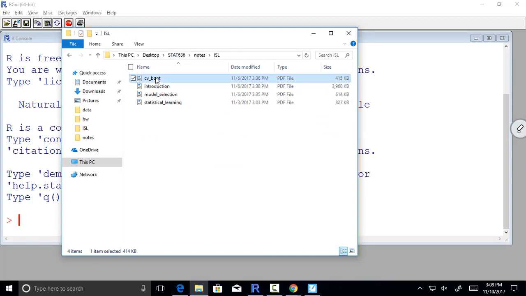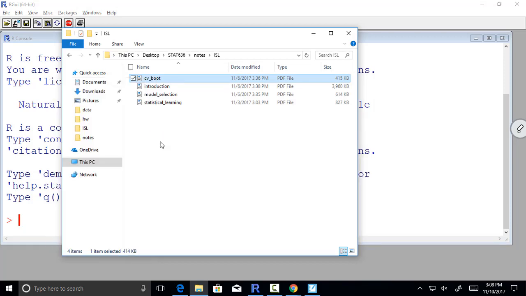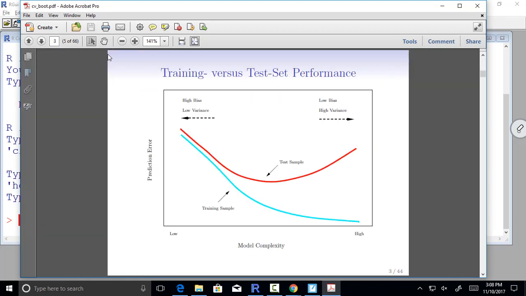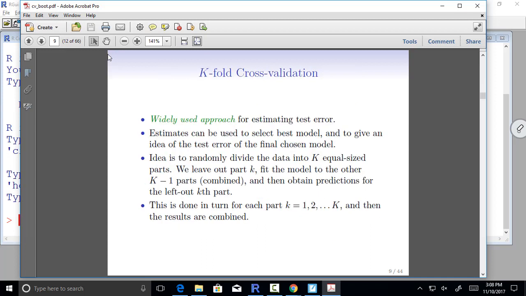In the CV boot chapter, the general algorithm we can call k-fold cross-validation, where we choose k. There's a 5-fold cross-validation, a 10-fold, and there's leave one out cross-validation, which is essentially n-fold.